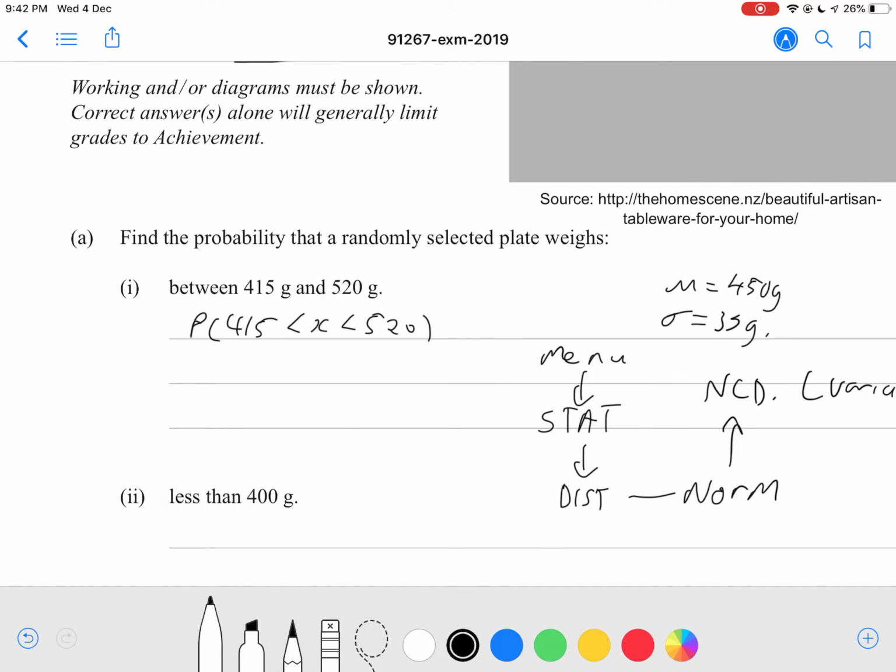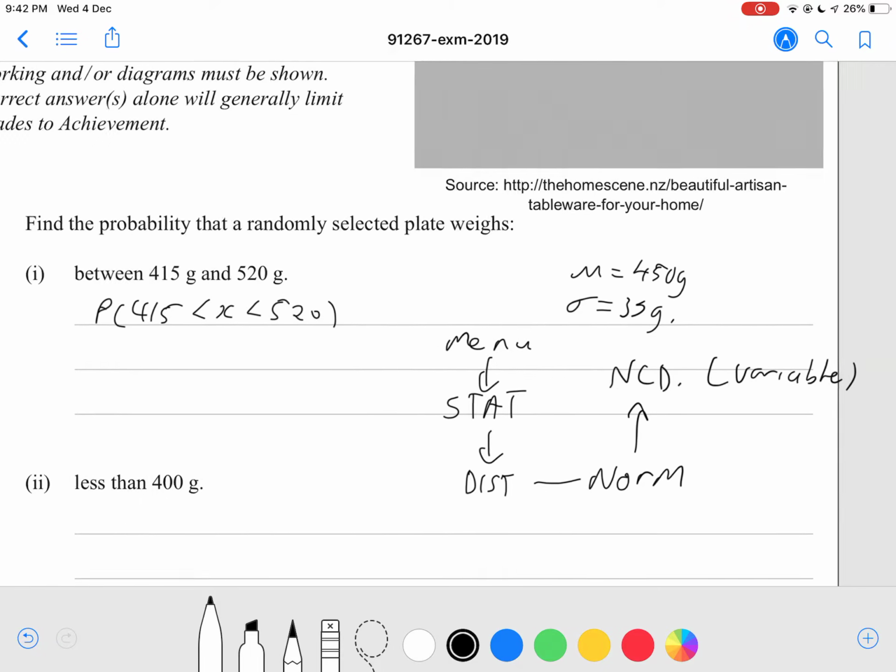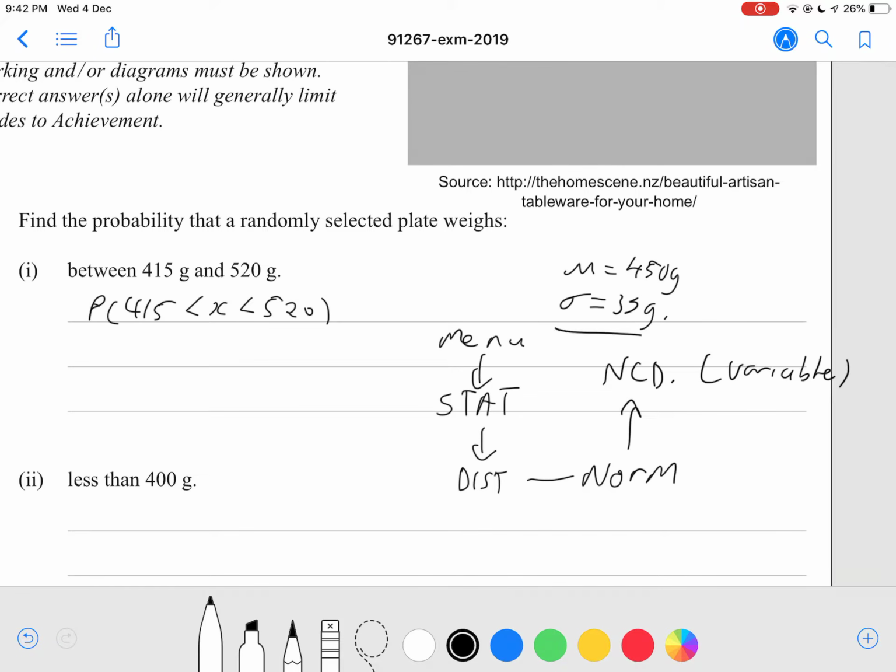We plug in the standard deviation as 35 grams and the mean as 450 grams, and we want our lower value to be 415 grams and our upper value to be 520 grams.